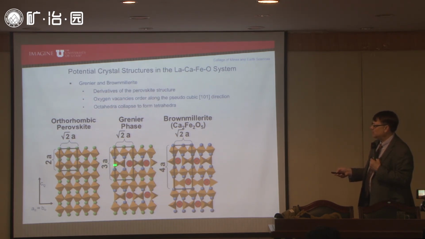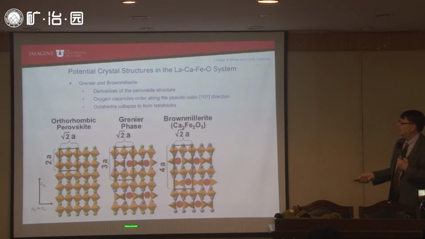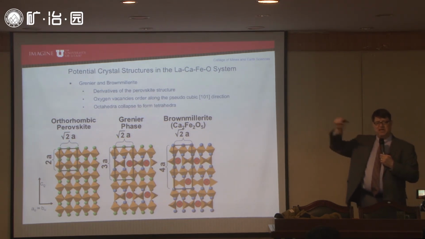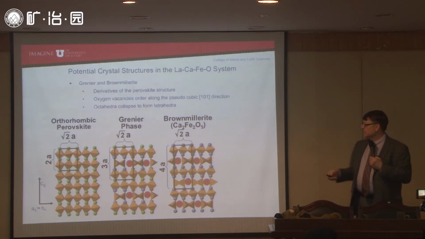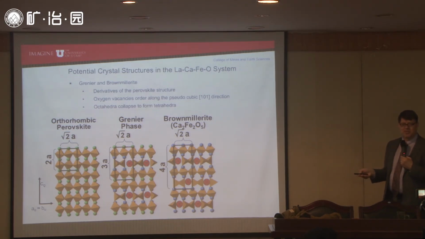And so we have octahedra, tetrahedra, octahedra, octahedra, tetrahedra, octahedra, octahedra. So that's the structure of this Grenier phase that we were speculating might be out there in the middle of the phase diagram. I want you to remember this image right here, because I'm going to show this to you again shortly.